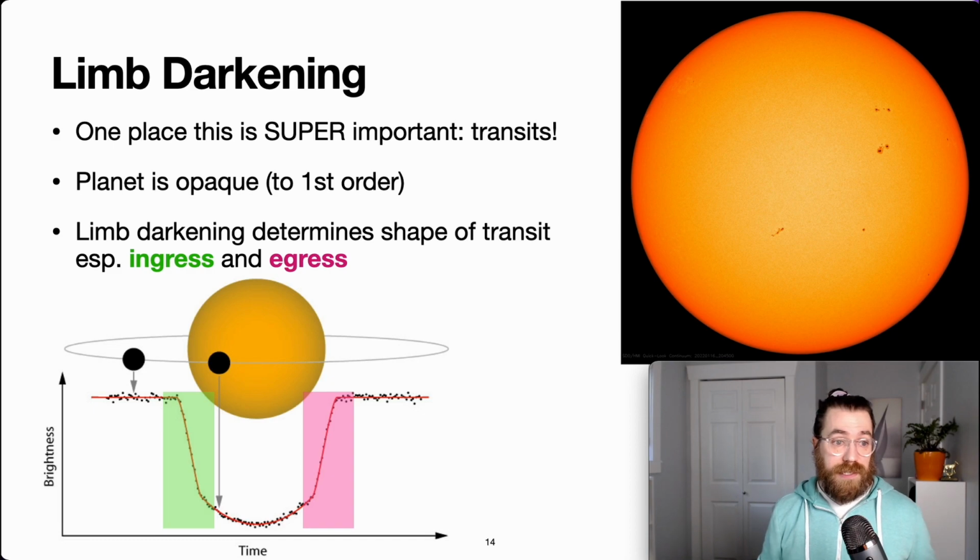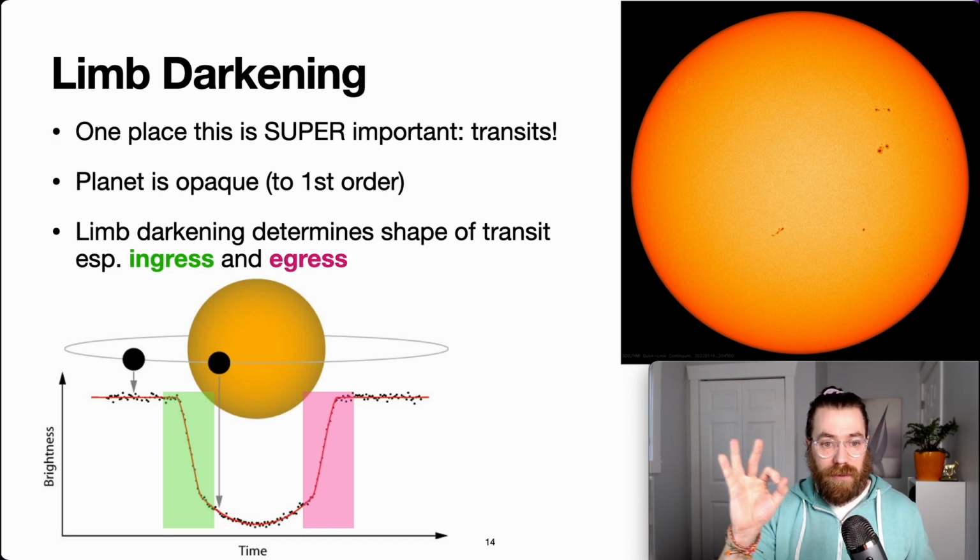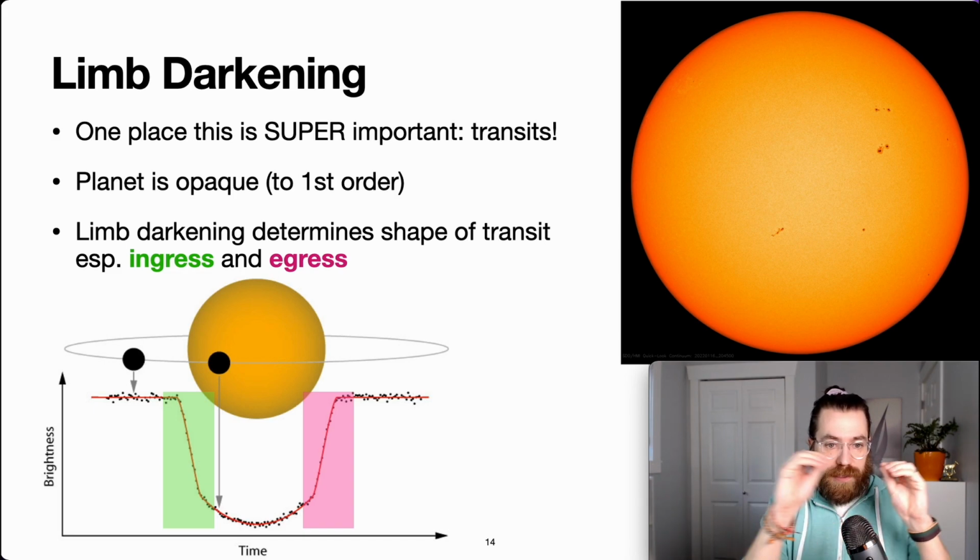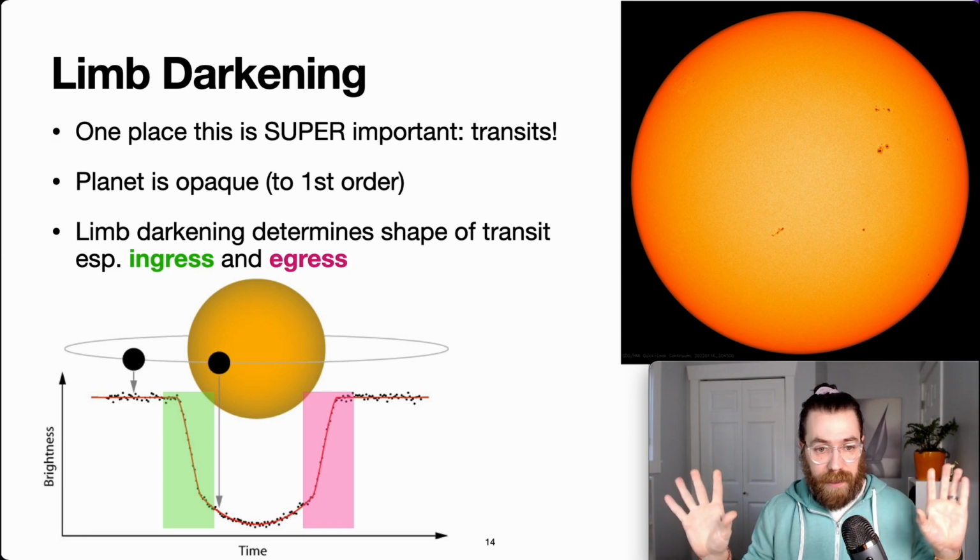So one place this is incredibly important is in observing transits, particularly for exoplanet transits. So to first order, you can assume that the exoplanet is opaque. Now, we will not assume that soon in the future in the era of the JWST, but to first order, you can assume that the planet is just this opaque little thing moving across the surface of the sun, blocking light.